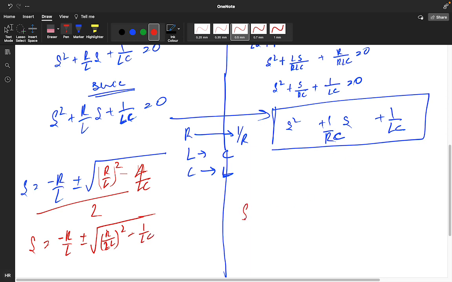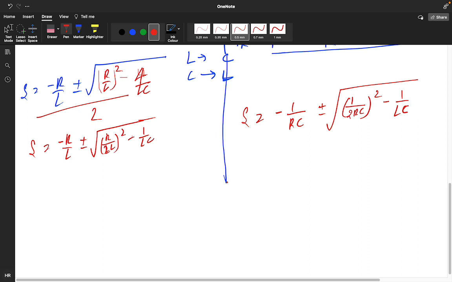And if you do the same here, what you will get? Minus 1 by 2RC plus minus root under 1 by 2RC the whole square minus 1 by LC. So what I told you, for critical damped, how will it be critical damped?